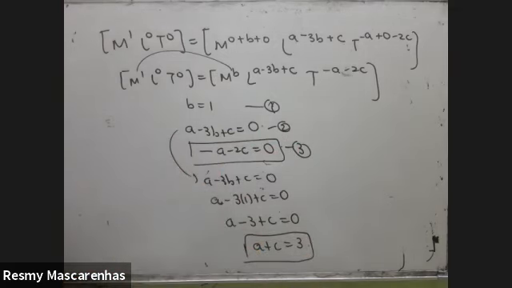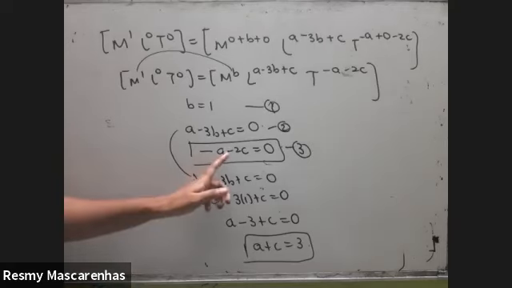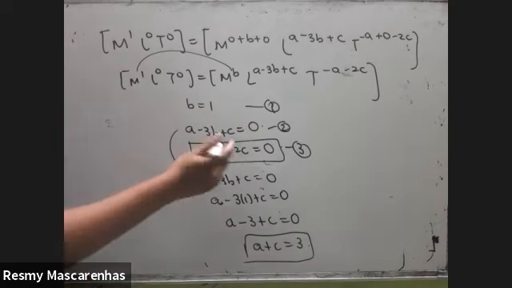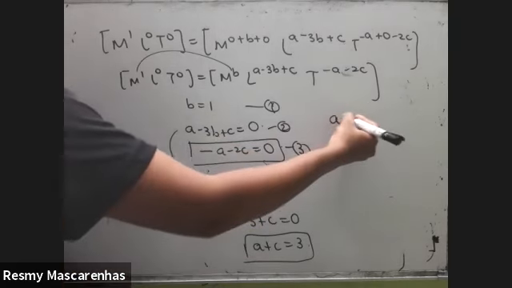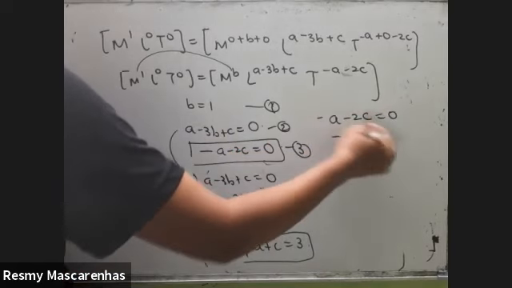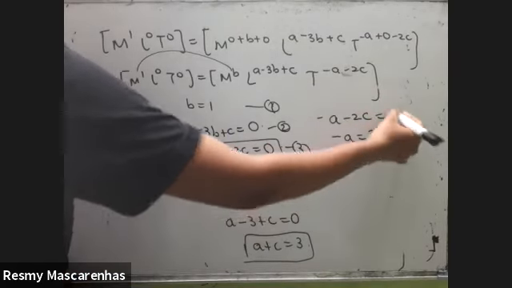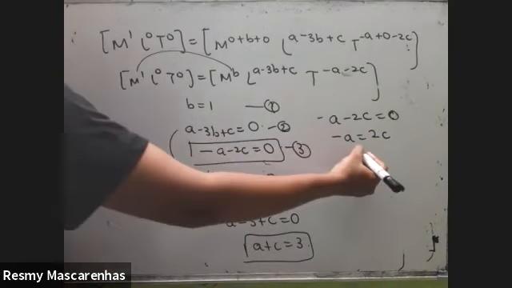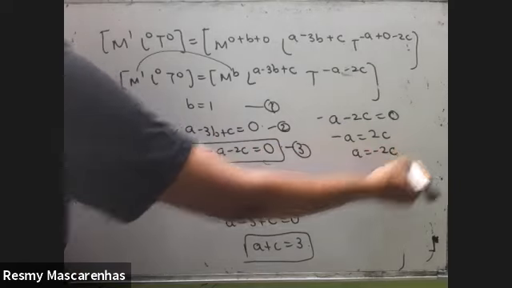There are two unknowns, we directly cannot solve. So we'll solve it by elimination method. Or we can express A equals 2C and put it here. This way also you can. Take the equation 3, put it this side, minus A equals 2C. So A is how much? Minus 2.